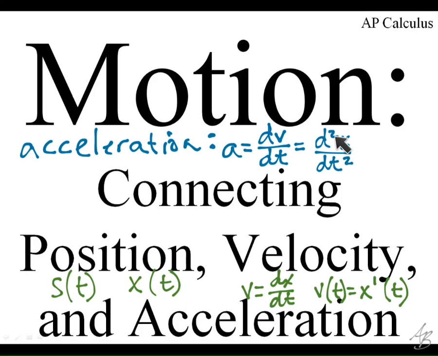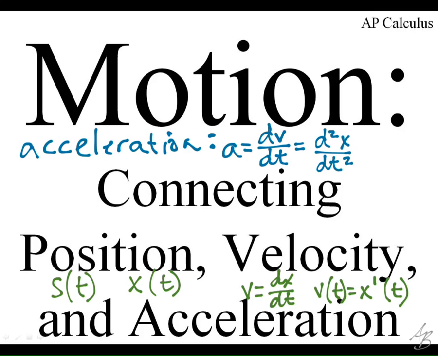Notice that the square is on the differential operator here, on the d here, and it's on the entire differential here, the dt here. Okay, so what this means is, or another way to write it would be with the x out front here. So we're taking the differential operator with respect to t twice. So it would be d squared dt of x. But usually we would just leave the x up top.